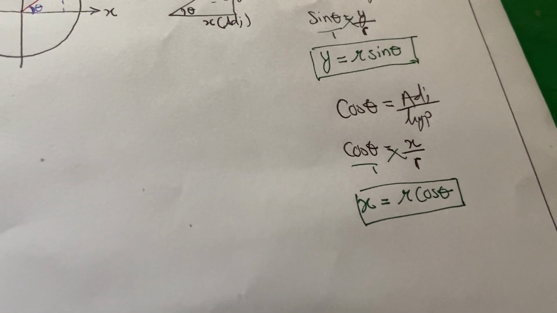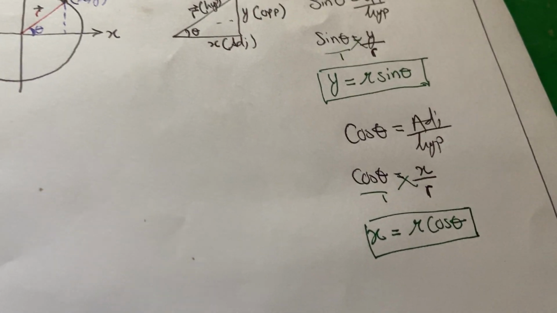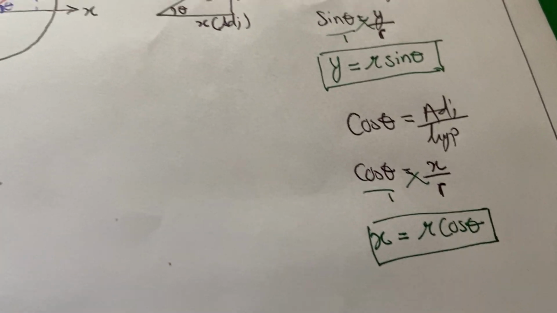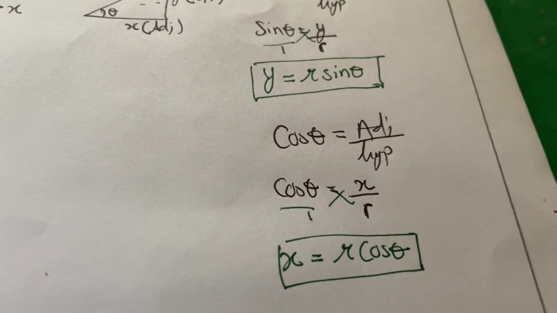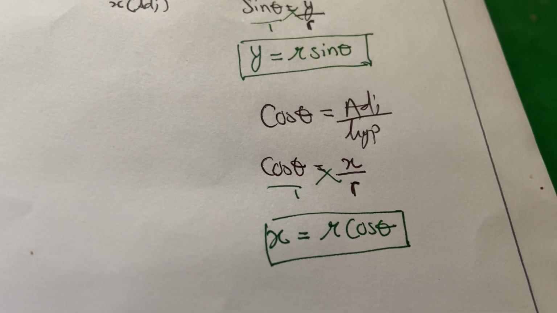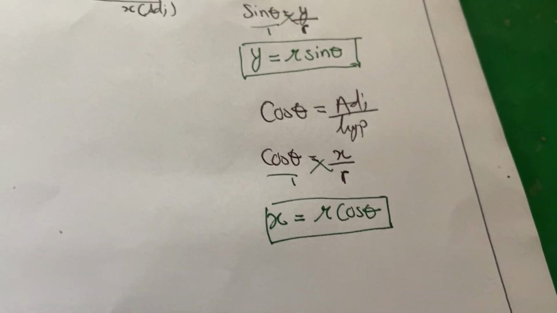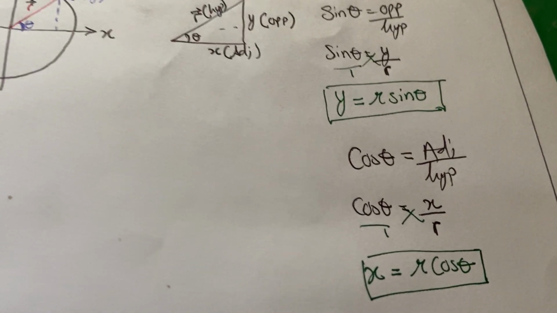We'll need these two formulas to prove it. So now we have x equals r cos theta and y equals r sine theta.